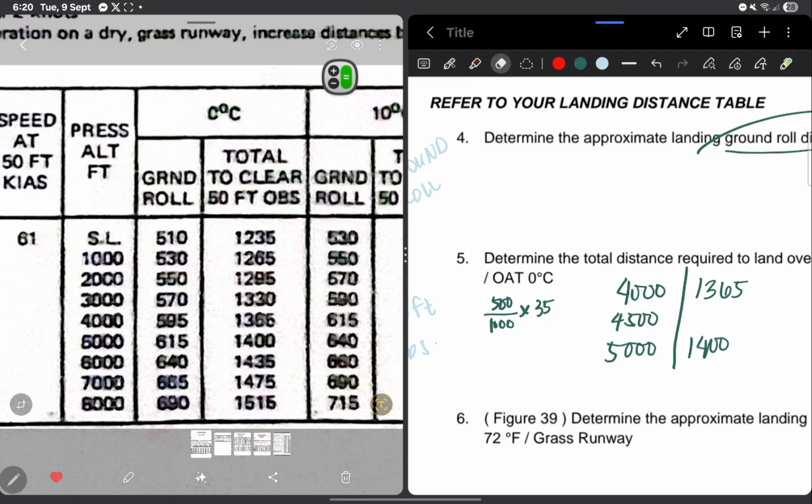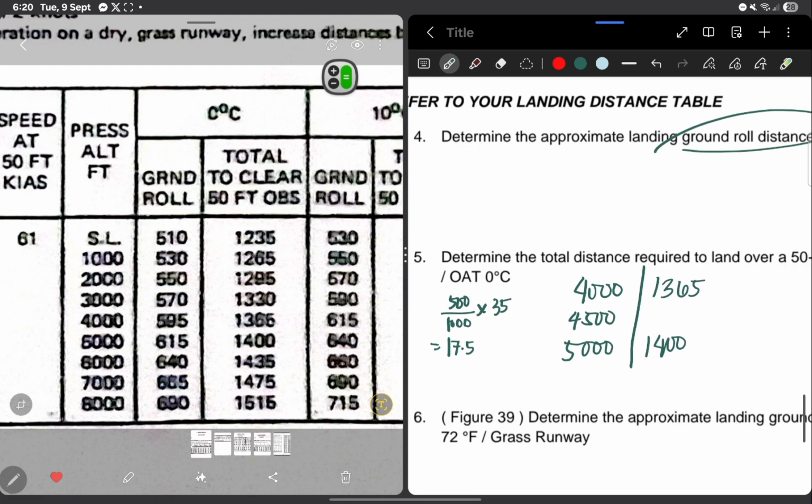When you put it into the calculator, the value is 17.5. After we get that value, we add it to 1,365. Once you've added it, that is our 4,500 pressure altitude value, 1,382.5.